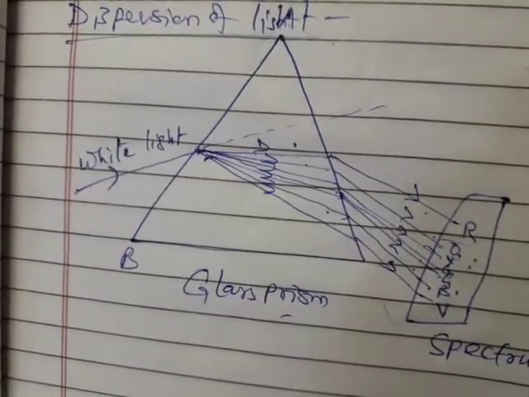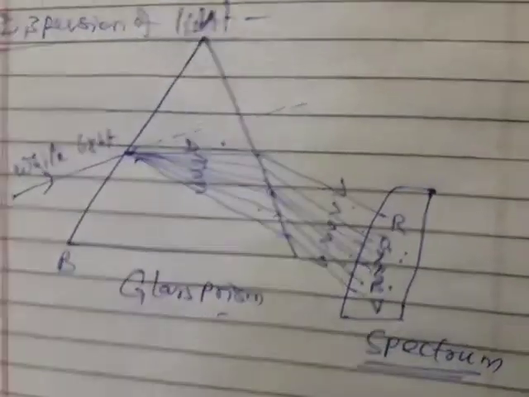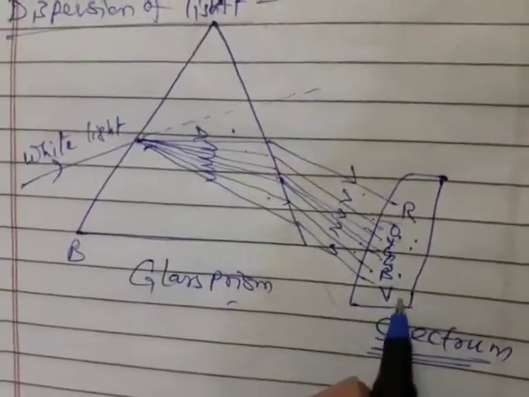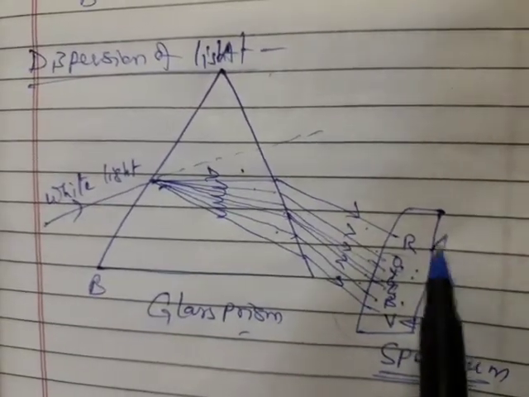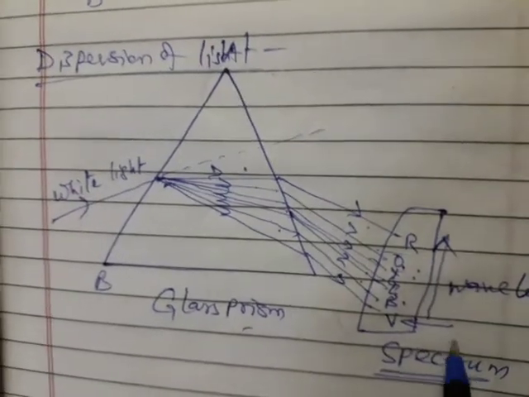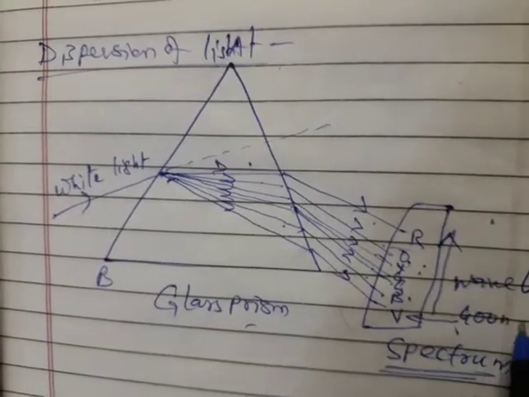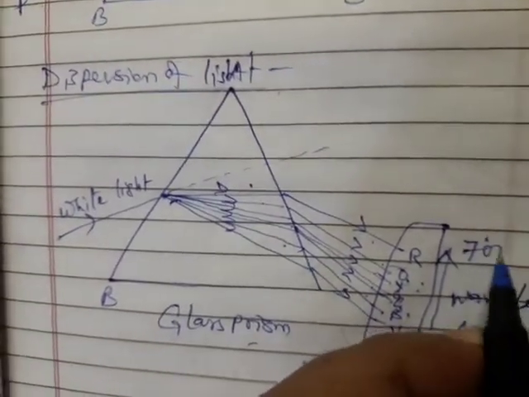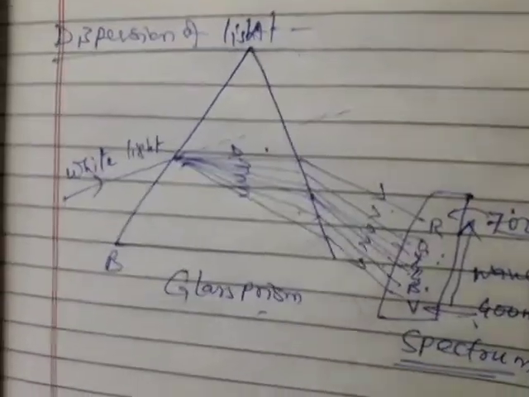Spectrum. And this can be remembered by the first letter of all colors starting from the smaller wavelength to the higher wavelength. So this is the order of wavelength, from smaller to higher. This is 400 nanometer for the violet color up to 700 nanometer for the red color.